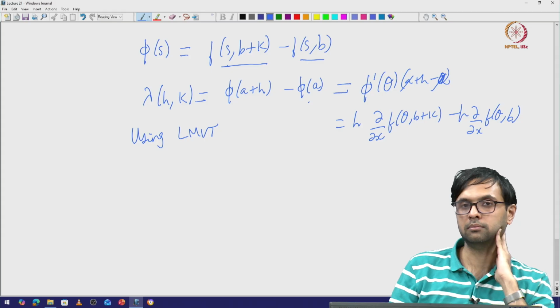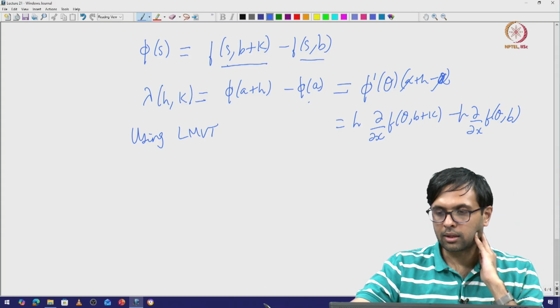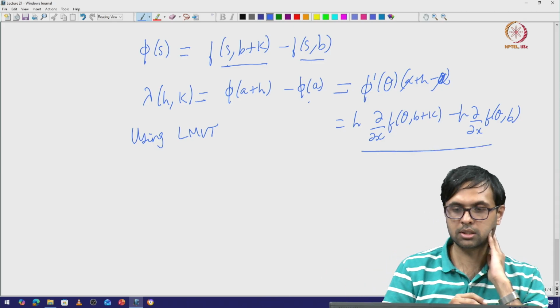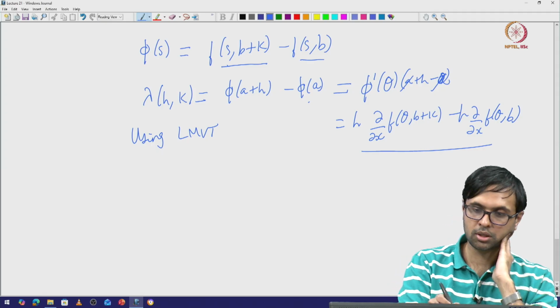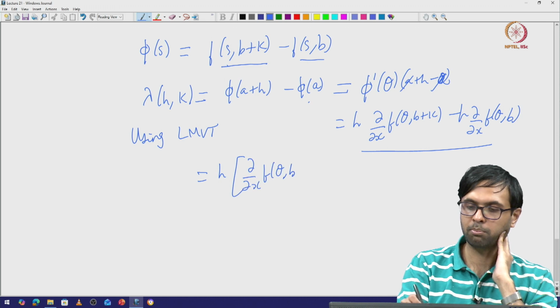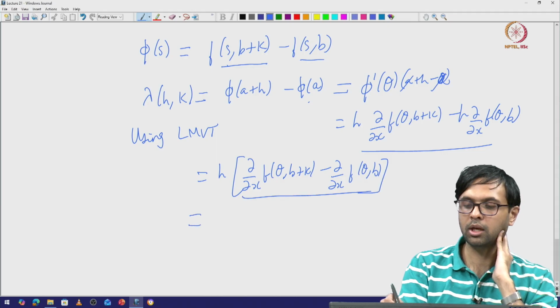All right. So that's the first step, right? Okay. So this is h times d by dx of f of theta comma b plus k minus d by dx of f of theta comma b. Now this is again a one variable function. Theta is fixed, right?